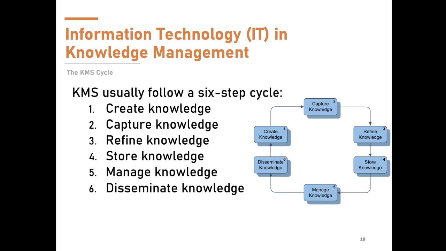So this cyclic approach is driven by the dynamic nature of knowledge, because knowledge continually evolves over time. And in an effective knowledge management system, knowledge remains a working process. So it creates this ever-changing environment.